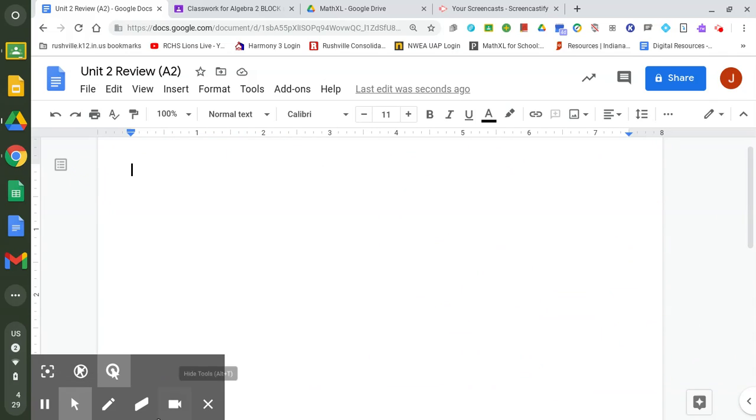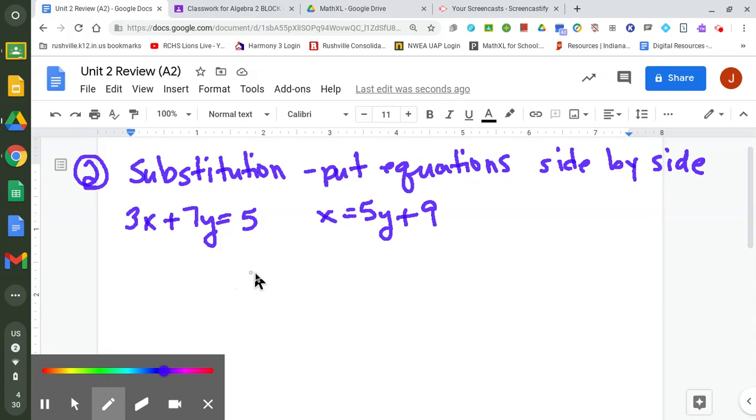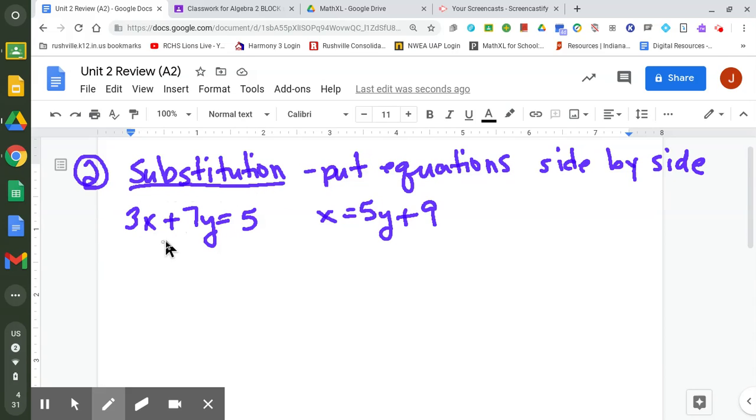All right, so on number 2, you're asked to solve the systems of equations by substitution. So when we have substitution, we should write our two equations side by side. And in this one, it's nice because one of the equations already has a variable by itself.